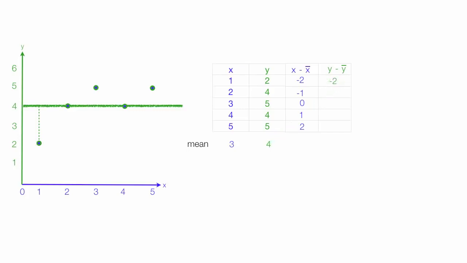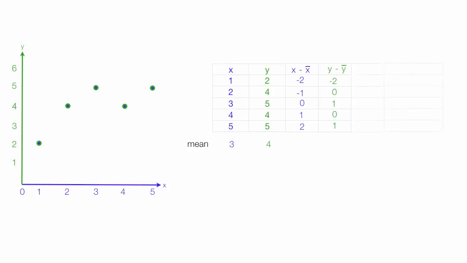And that equals negative 2. And now I'm going to do the next value, which is right on the mean. So it's 4 minus 4, which is 0. And now I have 5 minus 4, which is 1. 4 minus 4, which is 0 again. And finally 5 minus 4, which is 1.